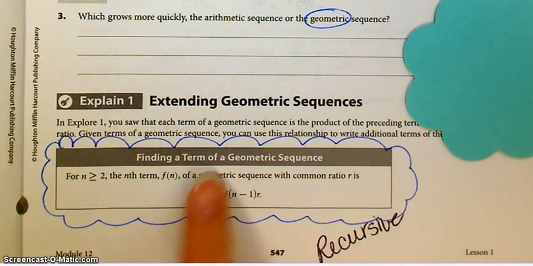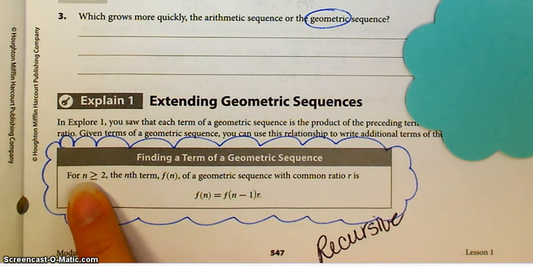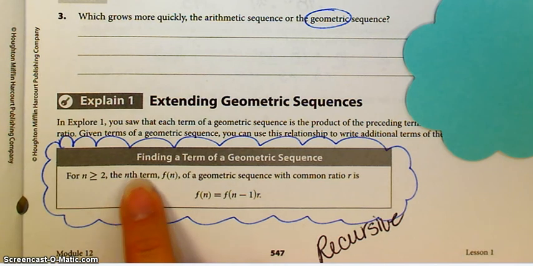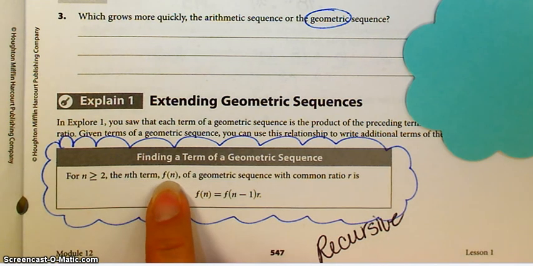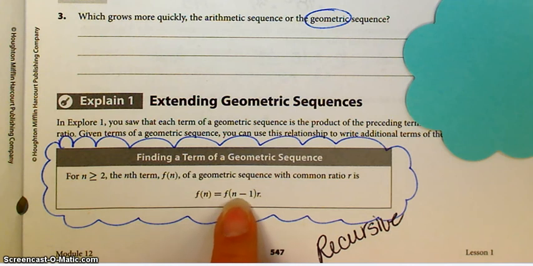All right, so finding a term of a geometric sequence. For numbers greater than or equal to 2, the nth term, which we would write f of n, of a geometric sequence with the common ratio of r is going to be calculated this way. So the nth term is equal to the term before it. That's how they write the term before n. Okay, the term before n is n minus 1.